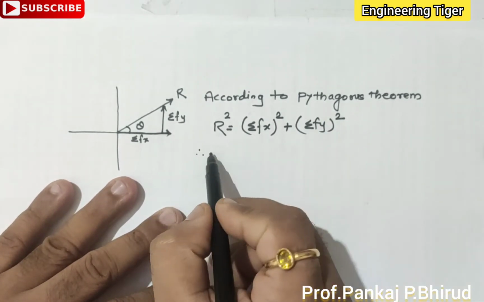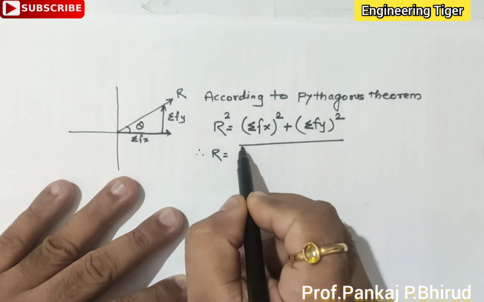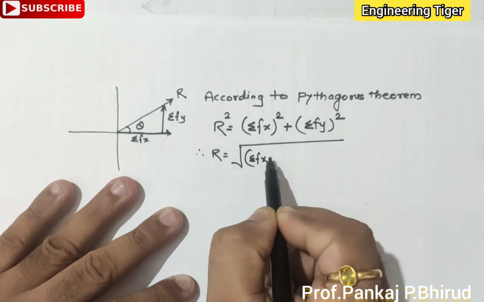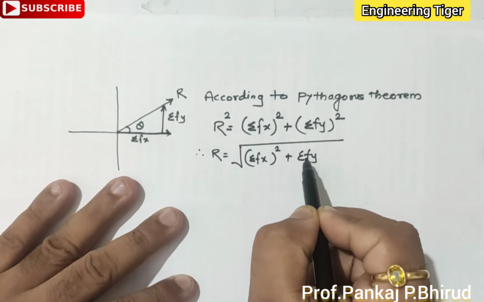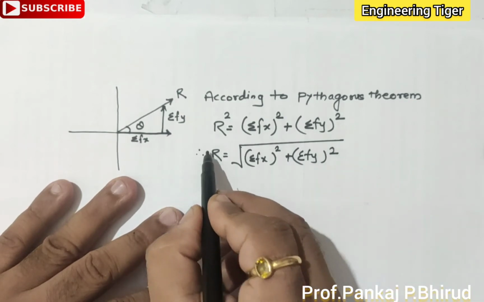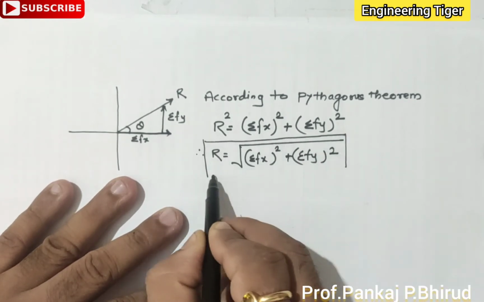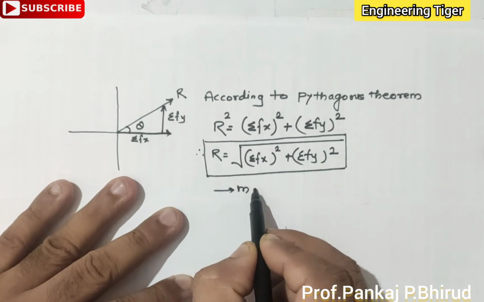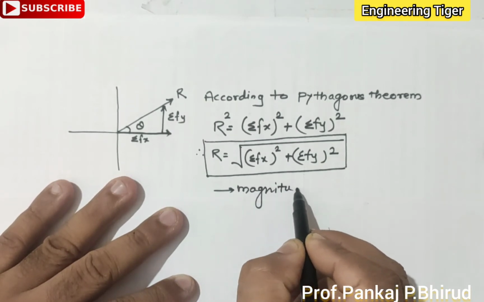If we take the square root on both sides, we get R equals the square root of (sigma Fx) squared plus (sigma Fy) squared. By this formula we can calculate the magnitude of the resultant.